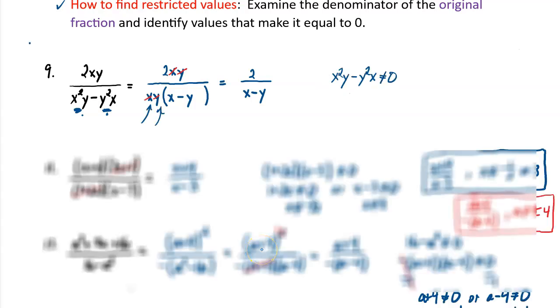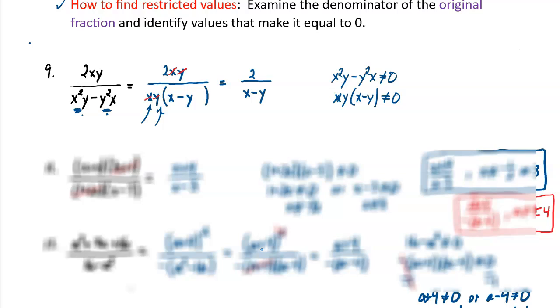Now I said that I write the original denominator down and say it can't be equal to 0. But really what I want is the factored form of the original denominator. And that's the xy, parenthesis, x minus y. And I want to say that that cannot be equal to 0.